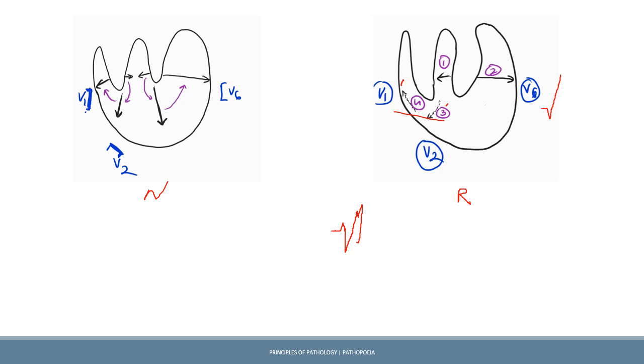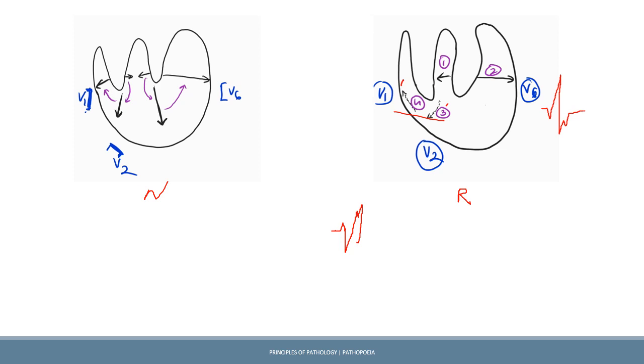Now there would be a delayed right paraseptal region, and this would not cause much deviation, but it would cause a negative deviation. Then there would be the right free wall depolarization, and this would again cause a slight negative deviation in case of V6.